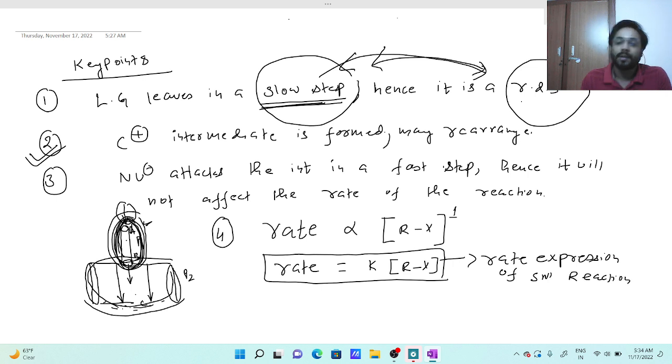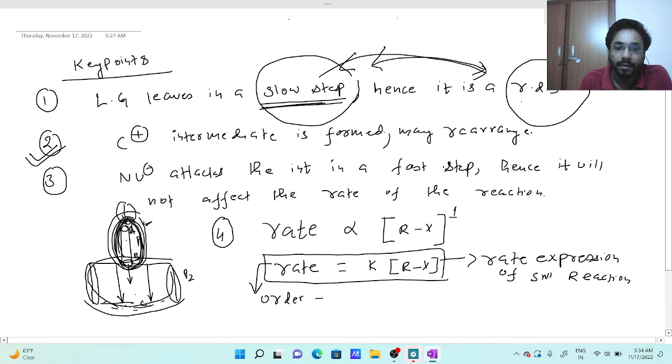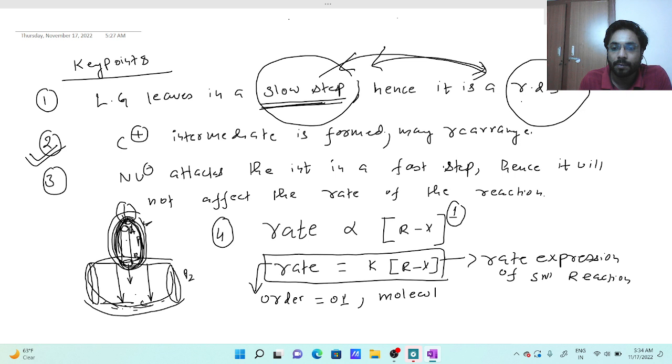From this rate expression, we can say that the order of the reaction is 1. Order is nothing but the coefficient which is raised over the concentration, which is 1. And what about the molecularity? Molecularity is also 1, so that's why we are saying it is unimolecular.